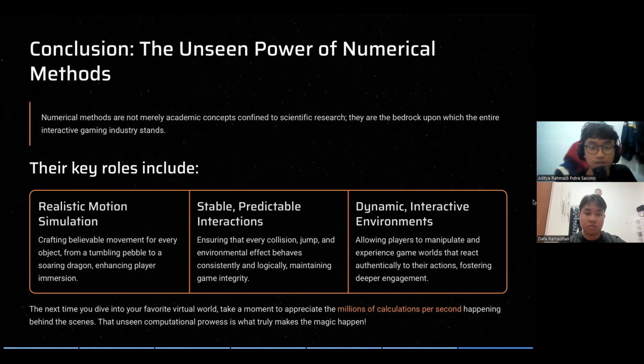And the next is dynamic interactive environments, which allow players to manipulate and experience game worlds that react authentically to their actions, fostering deeper engagement.